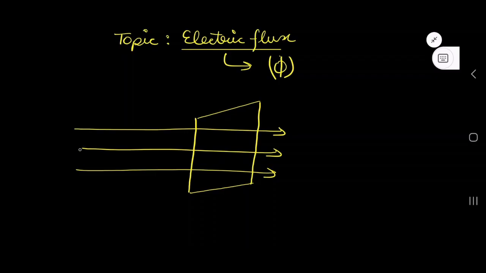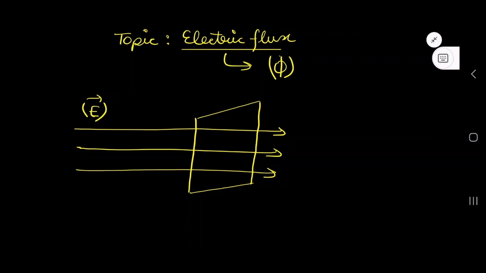Now we know that in the last classes we have studied how these electric field lines originate, or what is the source of these field lines. That is, the source of the field lines are the point charges which are at rest, right? So maybe a point charge can be kept at some distance and originating the field lines, and the field lines are crossing this planar surface.